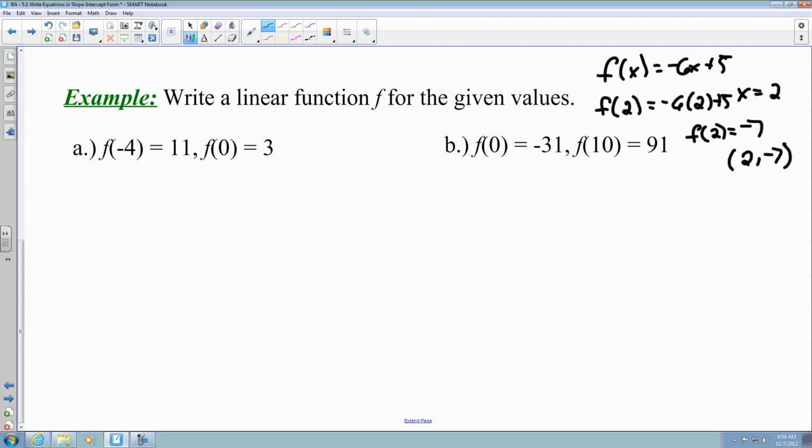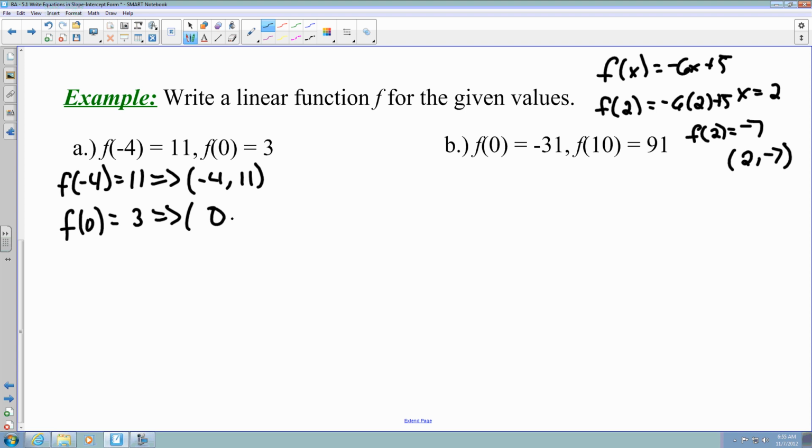So we can rewrite example A: f of negative 4 equals 11, we can rewrite that as negative 4 comma 11. Likewise, we can do f of 0 equals 3. We can rewrite that as the coordinates 0 comma 3.